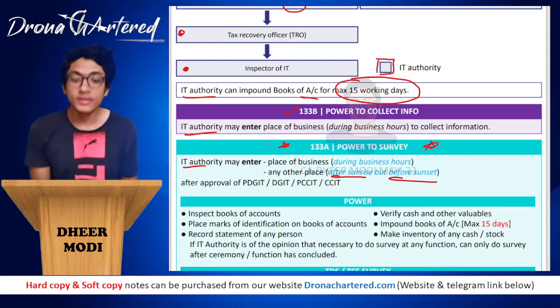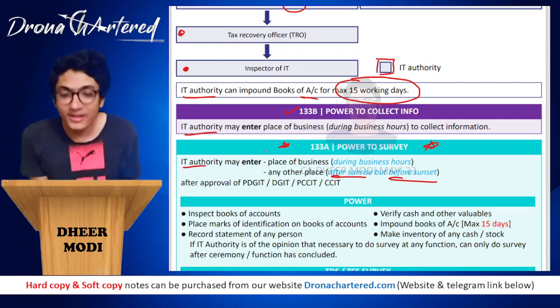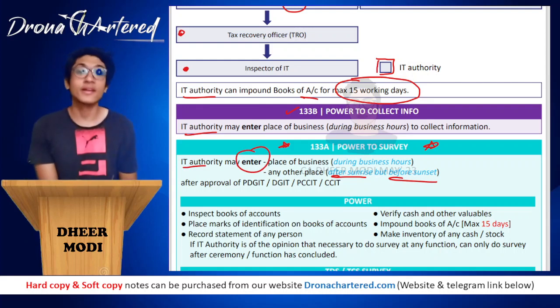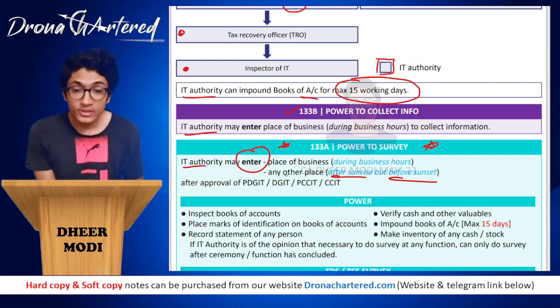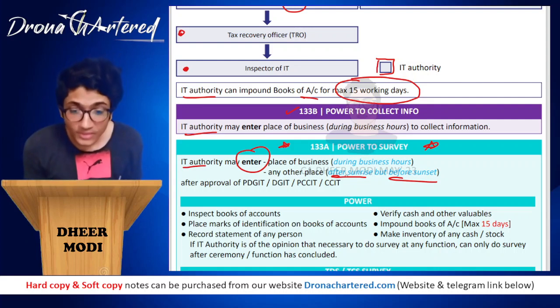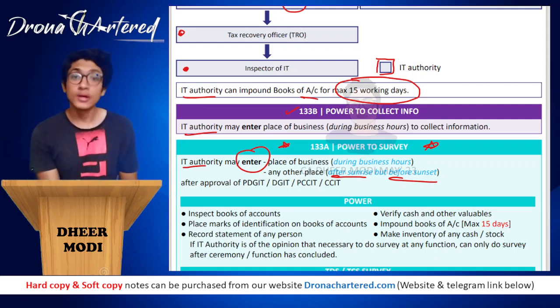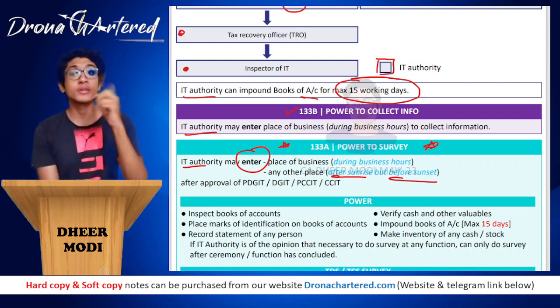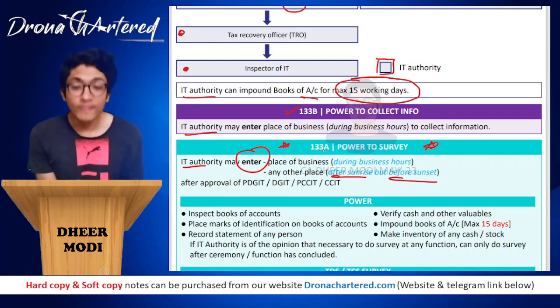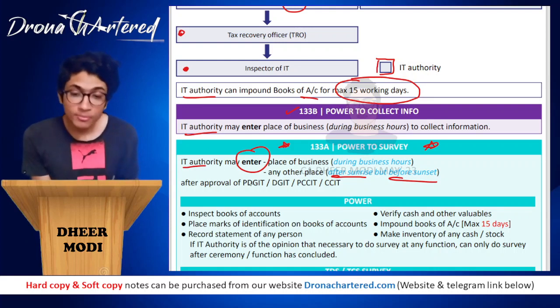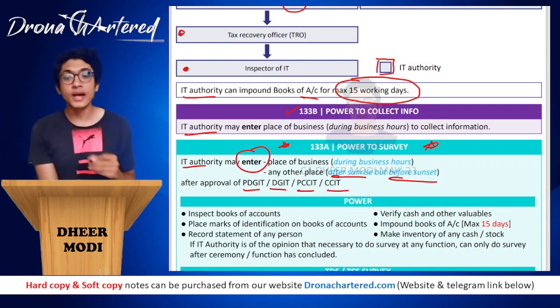What you have to remember, this time limit is only for entering, it is not for exiting. So they have to enter after sunrise but before sunset. Okay, so any other place of business, after sunrise before sunset, and for place of business it will be during business hours. After approval of your PDGIT, DGIT, PCCIT, CCIT.